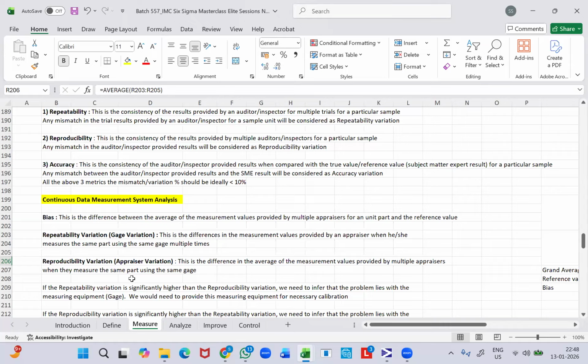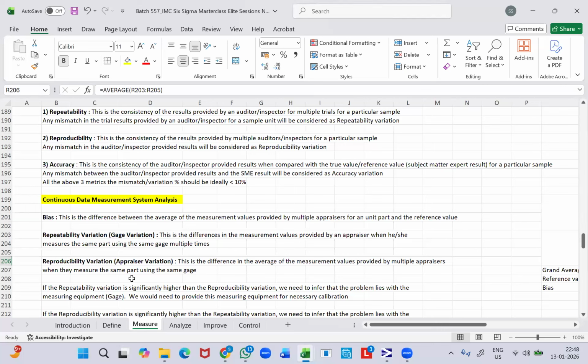And you will also find that the repeatability variation is something like 16%, and the reproducibility variation is less than, say, 6% or whatever. This being the case, since the overall gauge R&R variation is in excess of the criteria limit of 10%, we can clearly infer that the measurement system is not working fine.